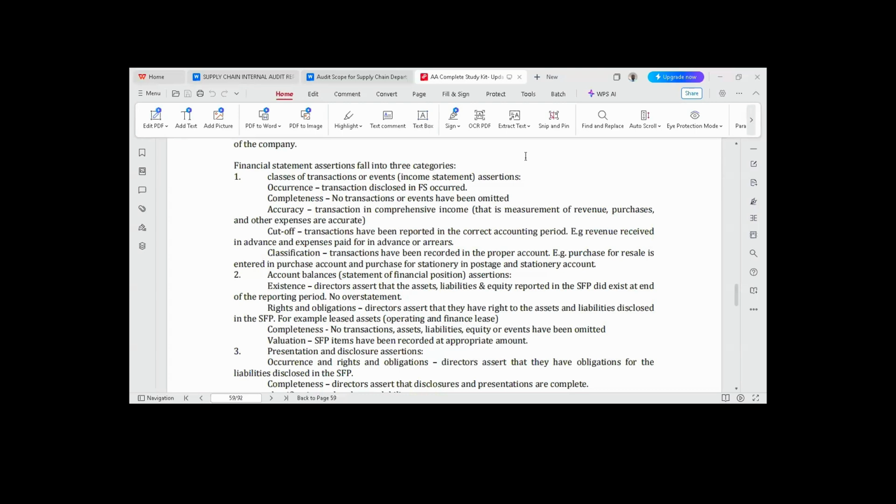Either overstated or what? Understated. Okay. So these are the assertions the auditor will be testing under the assertion based on what? Account balances. I hope we are clear.